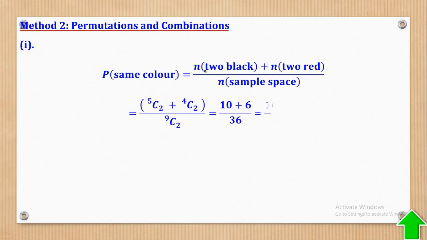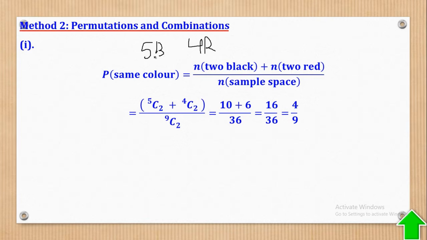So the probability of picking 2 black: n2 black means the number of ways of picking 2 black, and this is the number of ways of picking 2 red, and this is the number of all the possible outcomes. So for 2 black, remember we have 5 black and 4 red.